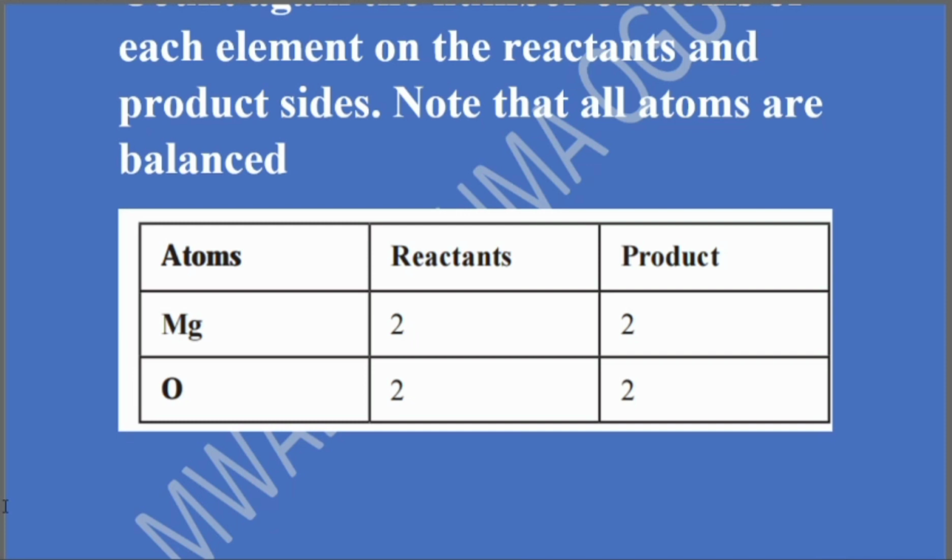Now step 5, we insert the correct state symbols. Remember we say that even if you write the correct formula of the products and the reactants, then balance but without the state symbols, our equation is incomplete.